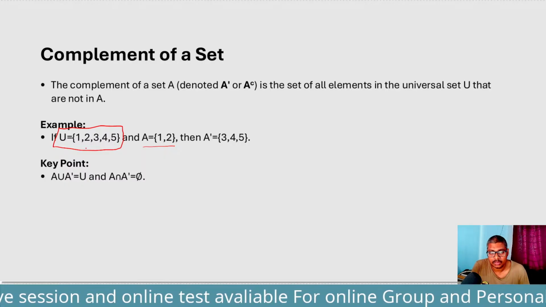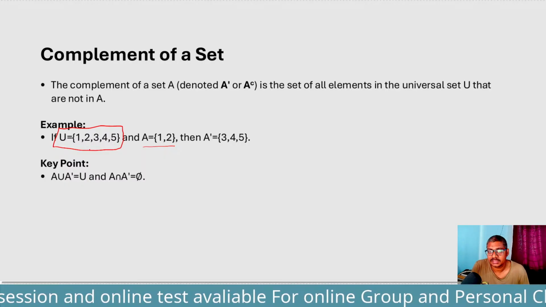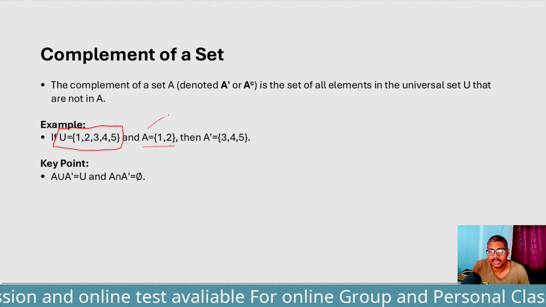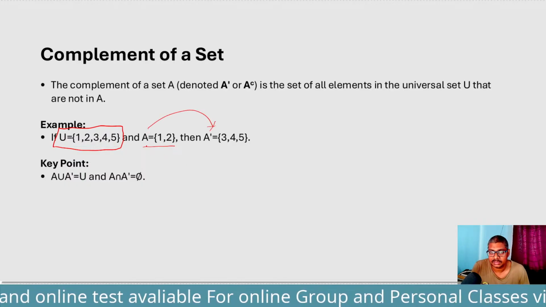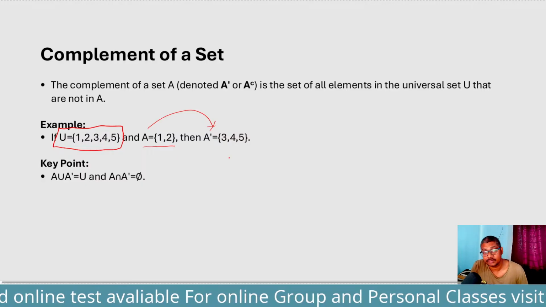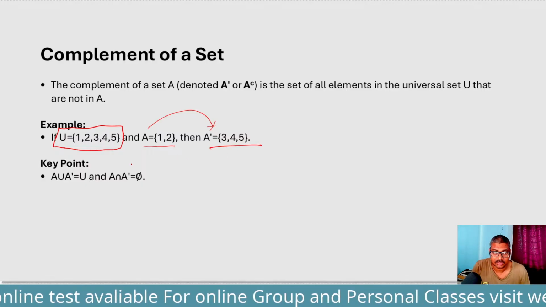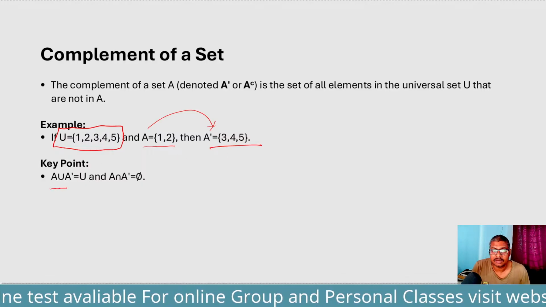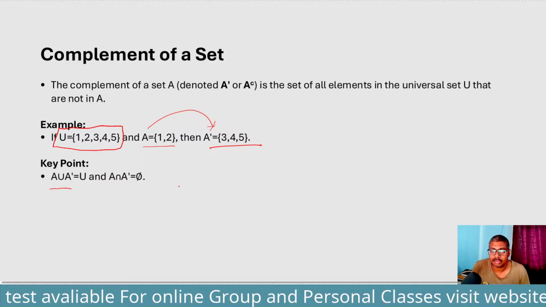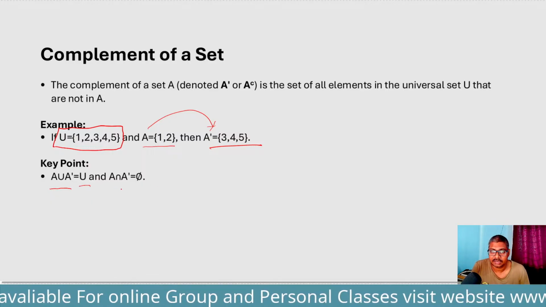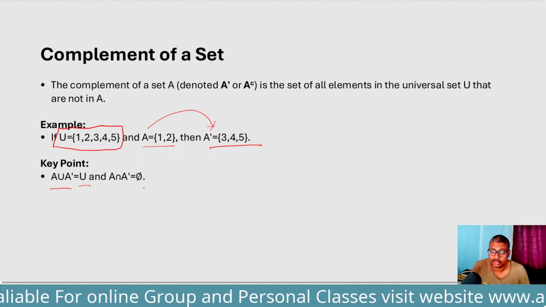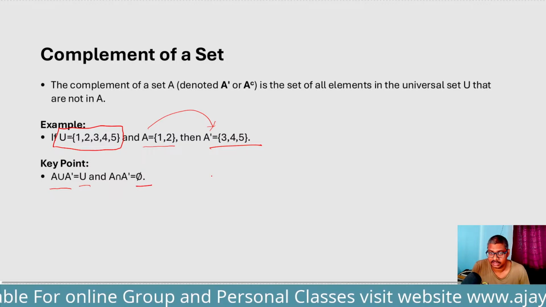So 1 and 2 are part of this universal set, but when we take the complement of A, we take all the elements that are not part of the set A, but that should come from the universal set. The key point is that the union of A and A complement should be the universal set, and the intersection of A and A complement should be the null set, right?